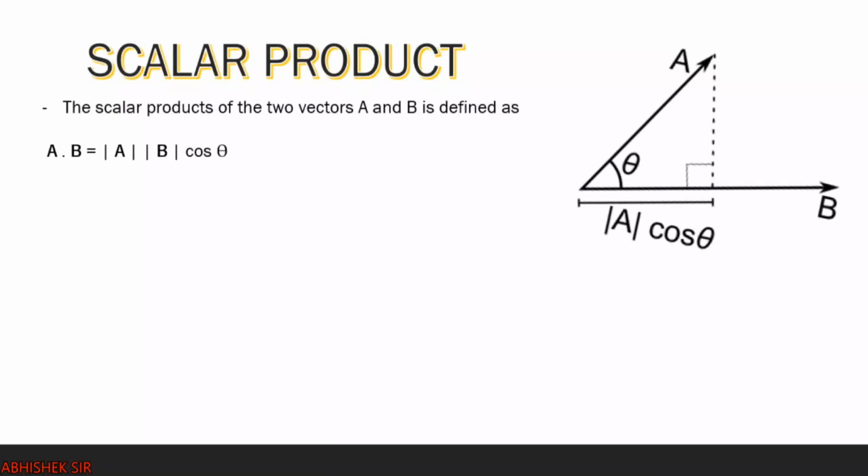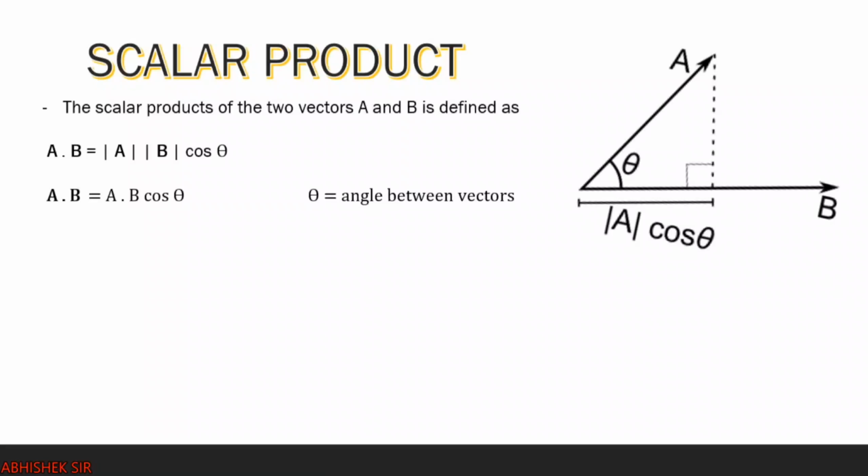We have a vector A and vector B. Okay, on the vector B, you can see the projection of vector A. Angle is theta, so that projection will be the component of A along B, that is A cos theta, right? So what is A dot B? That is AB cos theta.